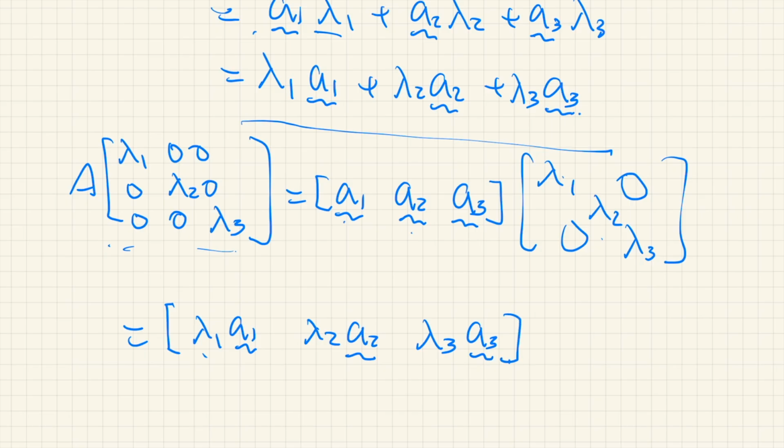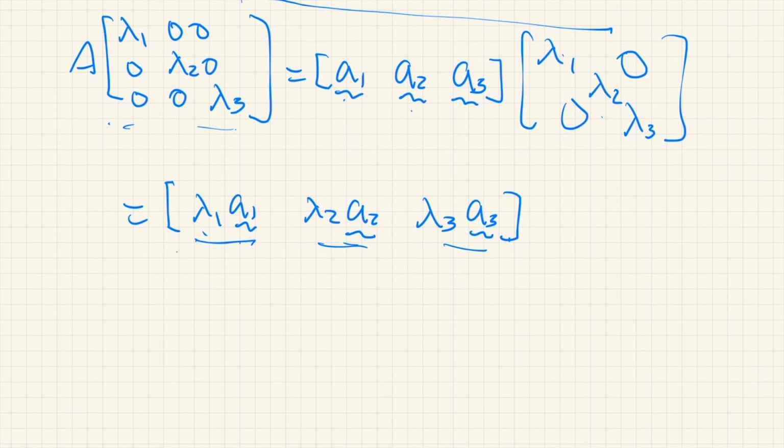So this apparently looks like a 1 by 3 matrix consisting of these elements, but each element here is a column vector. So if we put back the elements of these column vectors explicitly, this becomes lambda 1 A1,1, lambda 1 A2,1, lambda 1 A3,1, and so on.